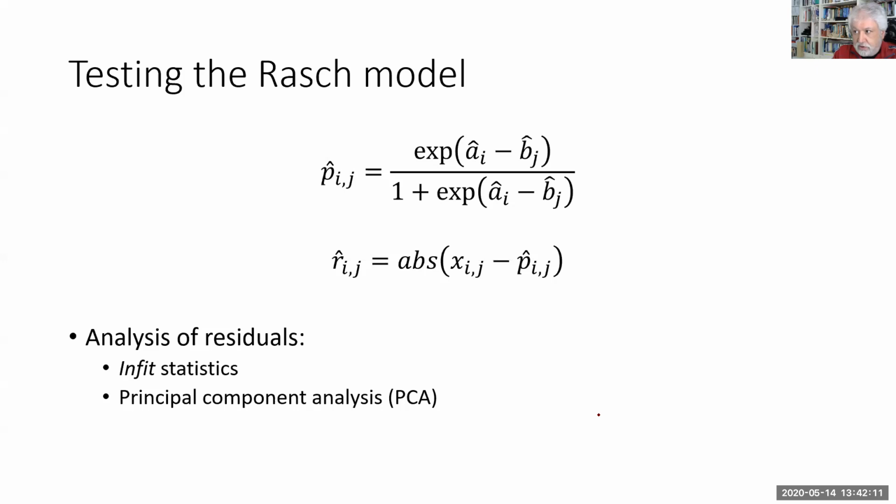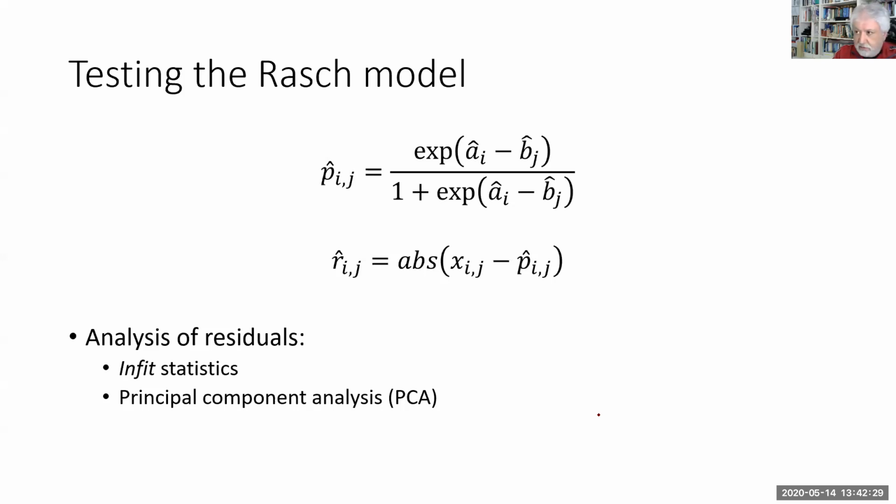With the Rasch model that applies to many areas in which your data is just dichotomous, yes or no, or can also be, we will cover it later, frequency, you can form residuals, errors.